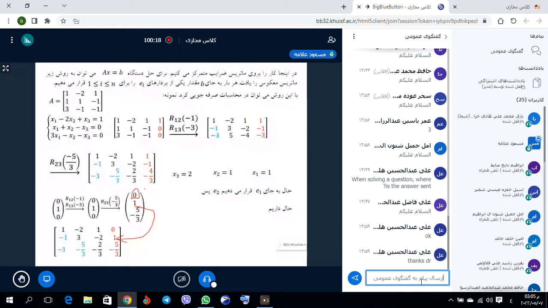Substitute minus 4 divided by 3 by minus 5 divided by 3.